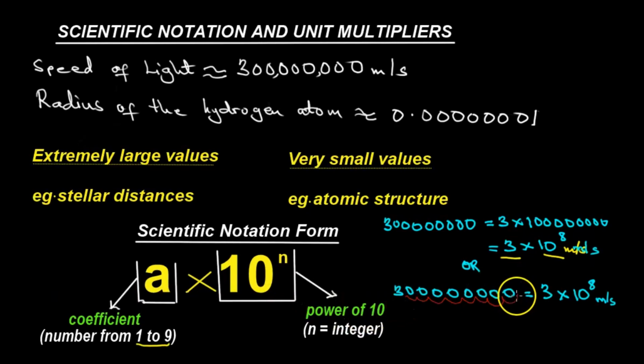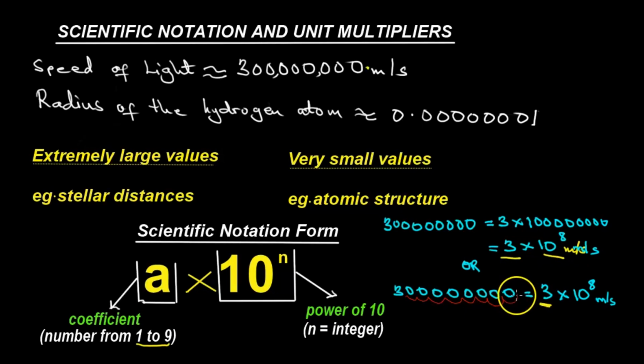Now another way you can achieve this is to move the decimal point. We all know that 300 million assumes that there is a decimal point at the end of this number. So we move the decimal point such that we get a number that falls within the given range, 1 to 9, between 0 and 10.